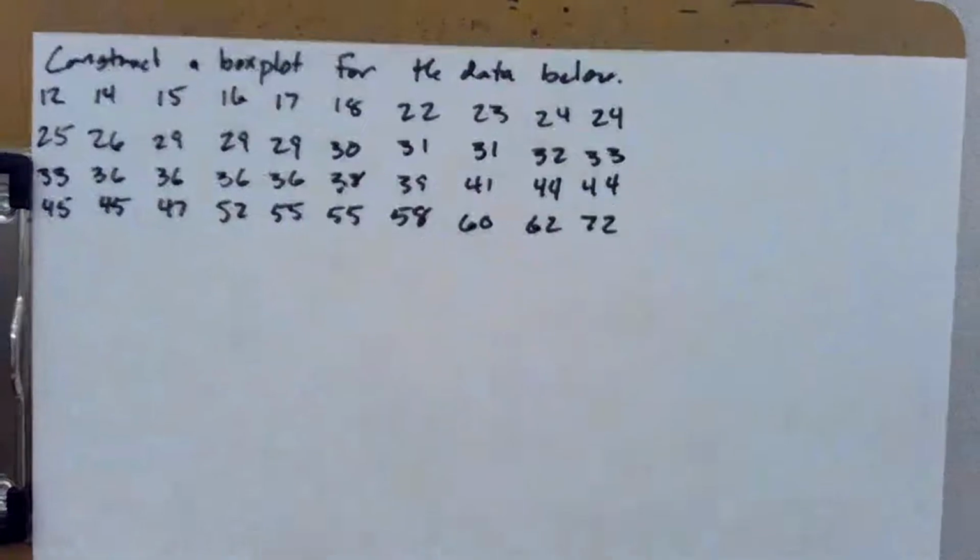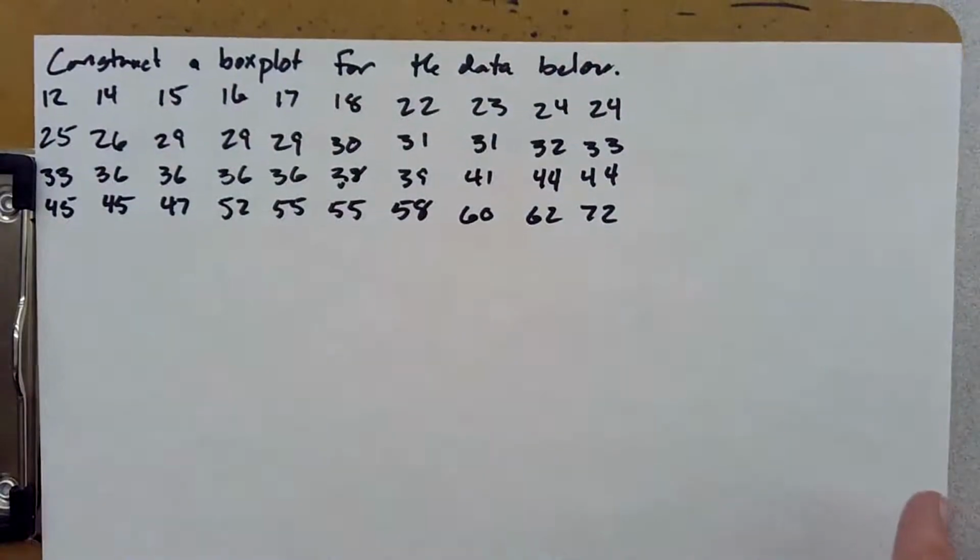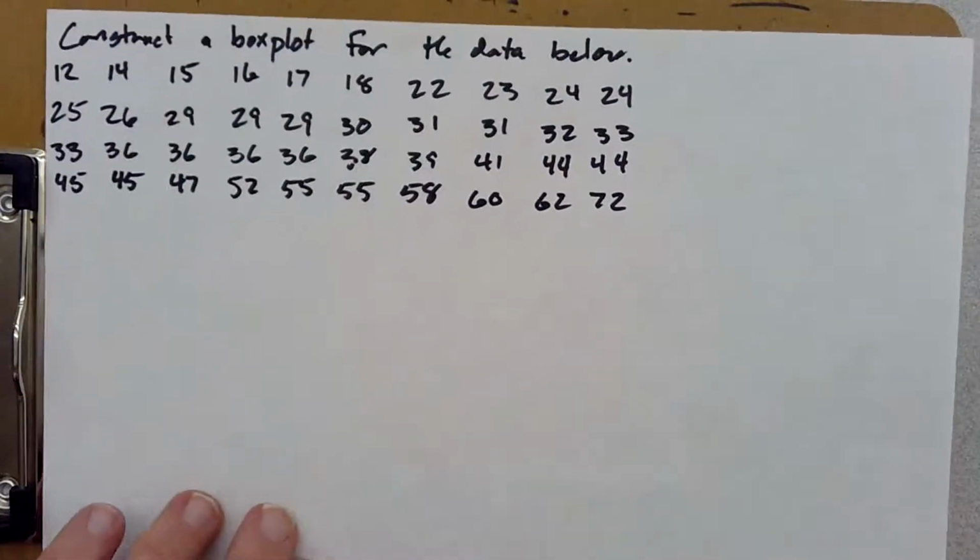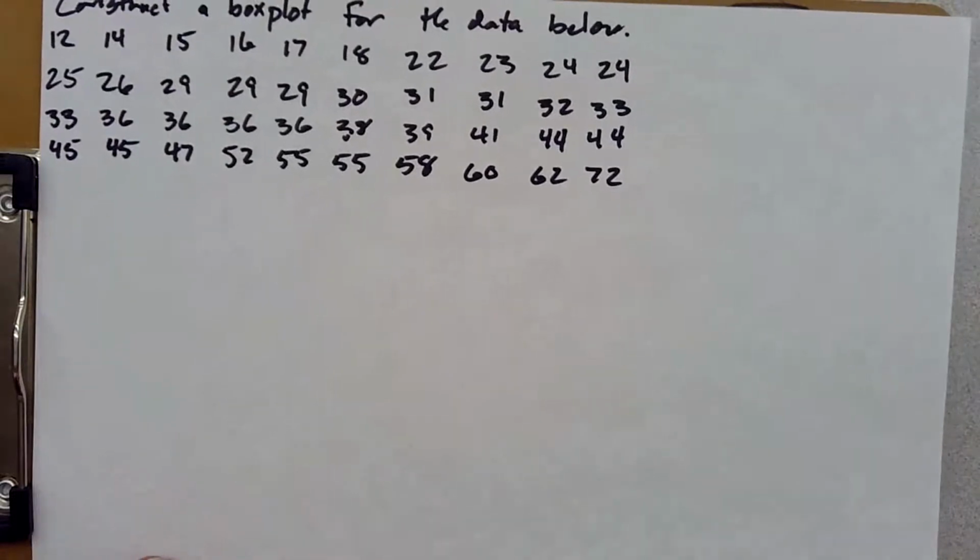Next, we are asked to construct a box plot for the 40 weekly study times of an example in the first section of this chapter. Here are those values. One way we do this is to give a stem and leaf display.